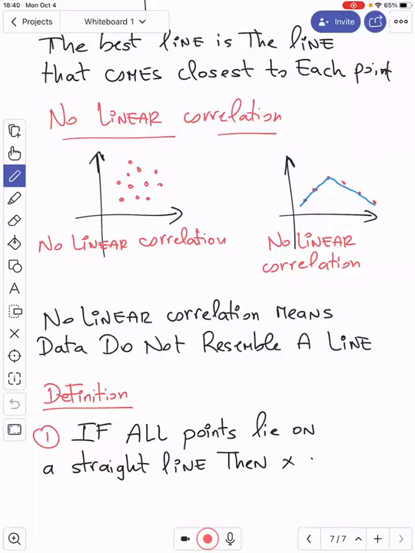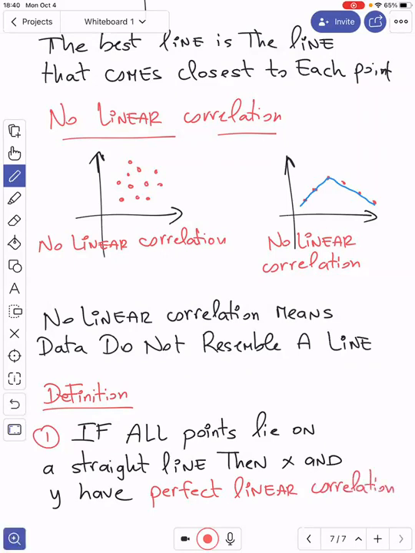Okay, then X and Y have what we call a perfect linear correlation.